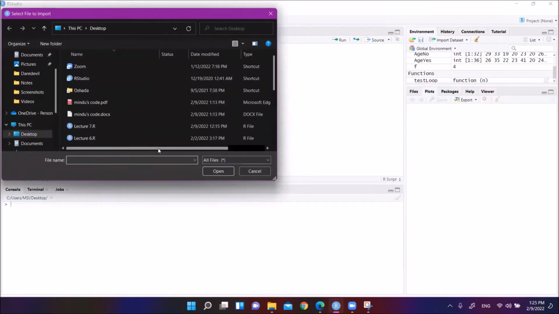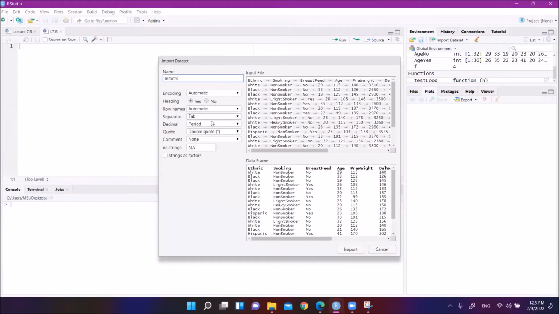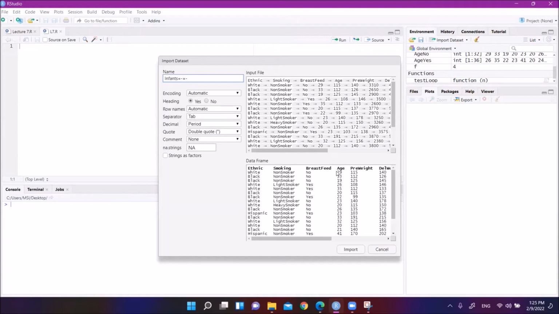So it is a txt file. I'm going to check whether all these things are okay. So this is the data frame. This is how it looks. It has its own column heading, so I'll just keep heading equals yes.